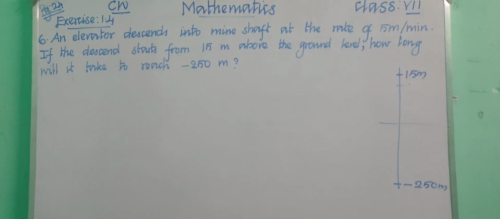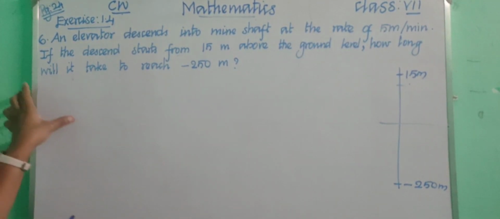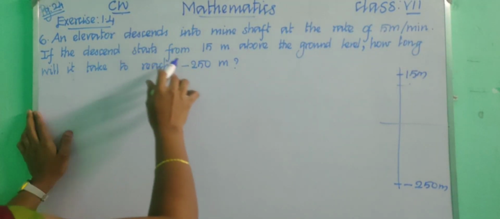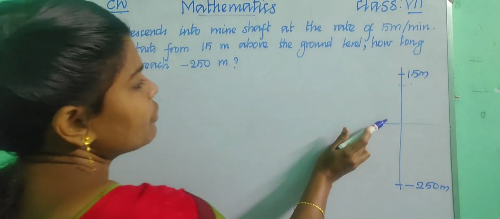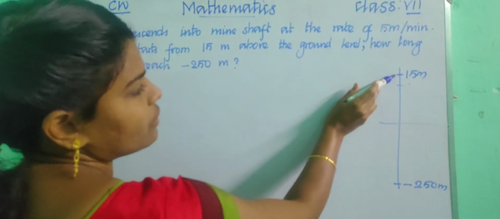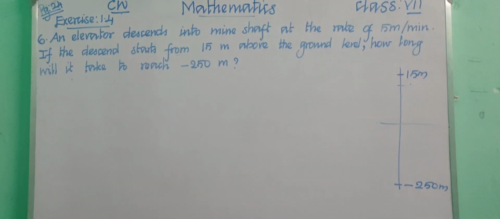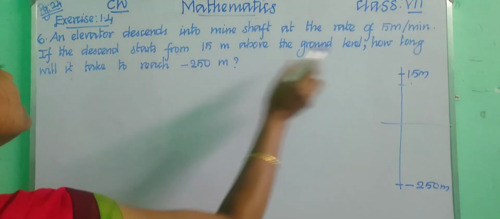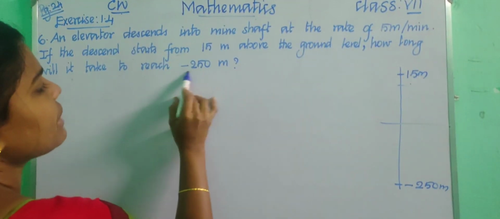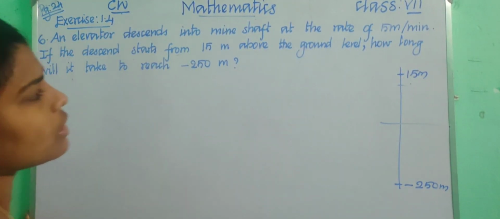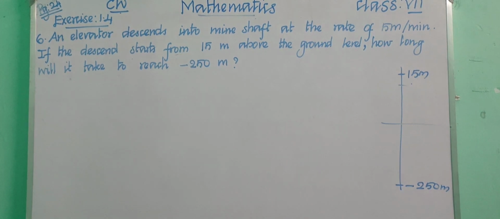It starts from 15 meters above the ground level. We are going to find how long it will take to reach minus 250 meters, that is below the ground level.